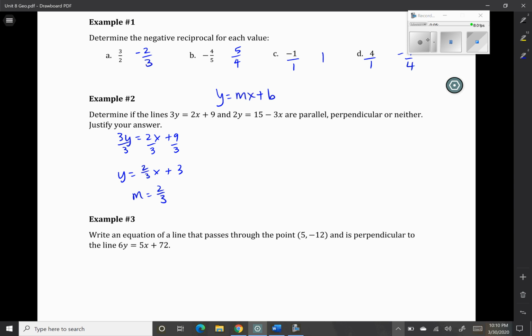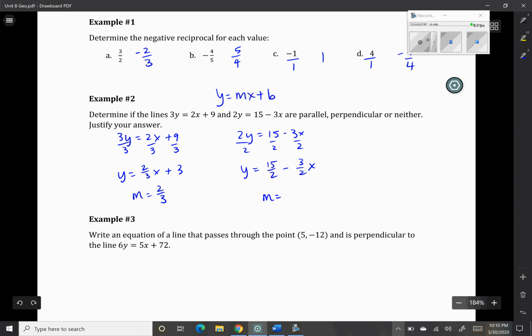If I do the same thing for the second equation, I have 2y is equal to 15 minus 3x. Divide everything by 2, and we get y is equal to 15/2, or whatever that equivalent decimal is, 7.5, minus 3/2 x. Notice, I don't care what the y-intercept is. I'm only interested in the slope. The slope tells me everything.